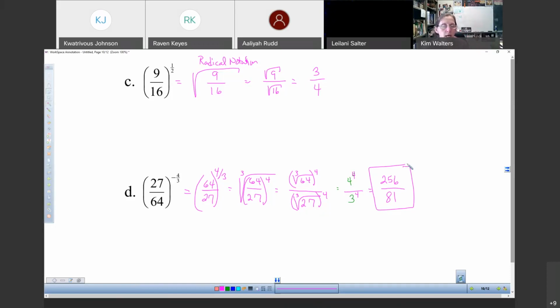So you have to make it a positive exponent first, then write it as your radical, take care of your root part first, and then do your exponent last. So if you have both a root and an exponent that you need to simplify, I would always do the root part first and then do the exponent second. Questions?